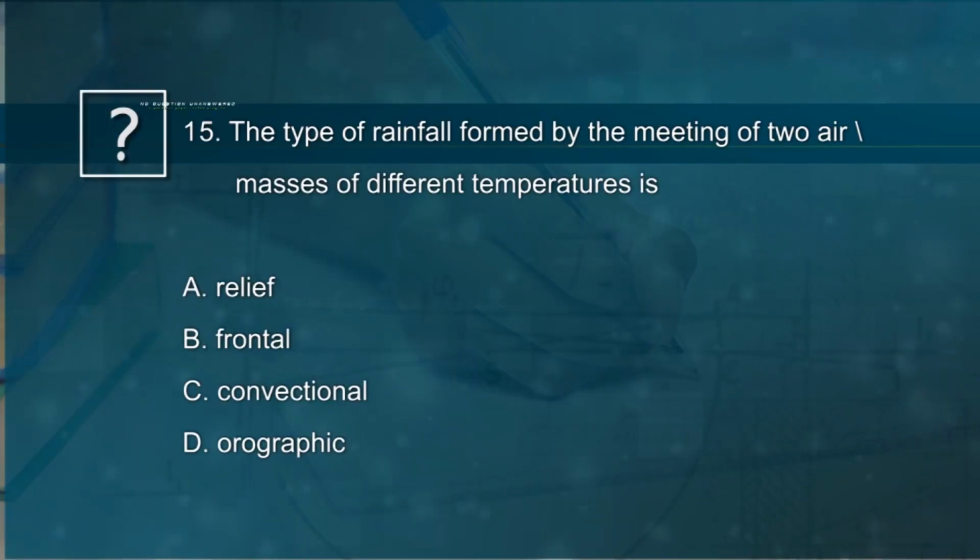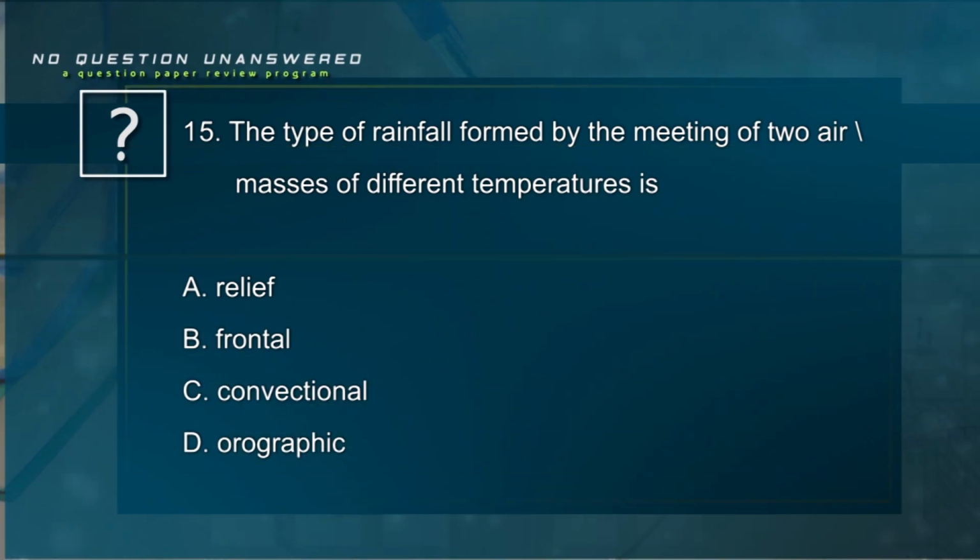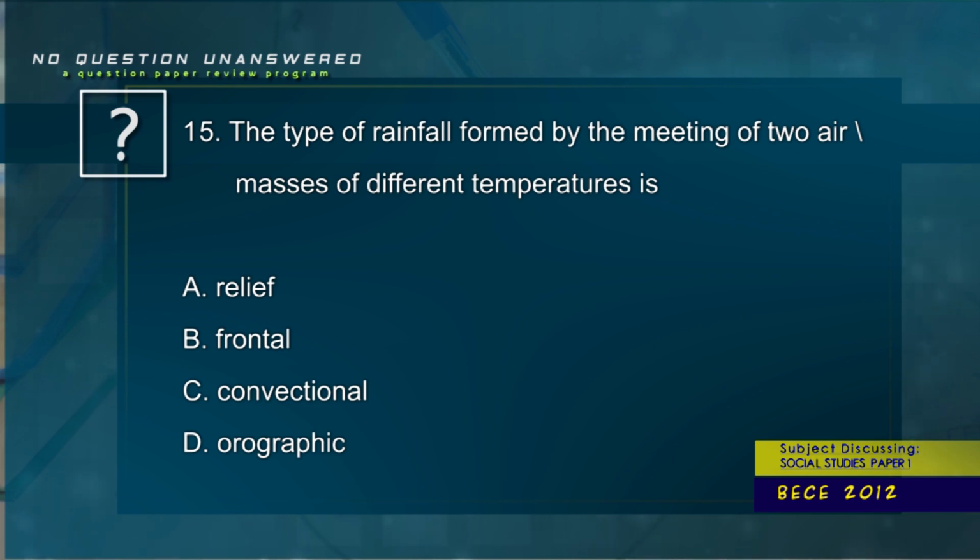Question number 15. The type of rainfall formed by the meeting of two air masses of different temperatures is: A, relief rainfall; B, frontal rainfall; C, convectional rainfall; and D, orographic rainfall.